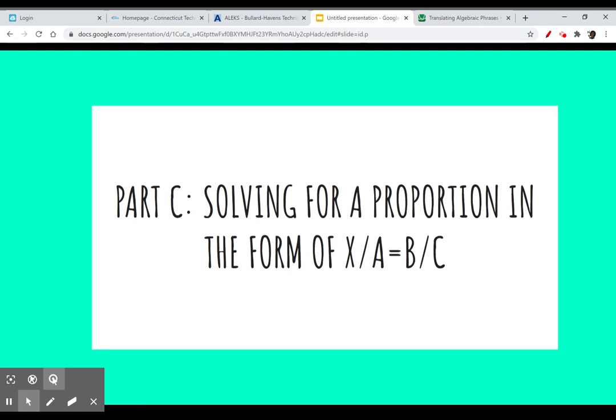Okay, and now we're on to the last part of this review, solving for a proportion in the form of x over a is equal to b over c.